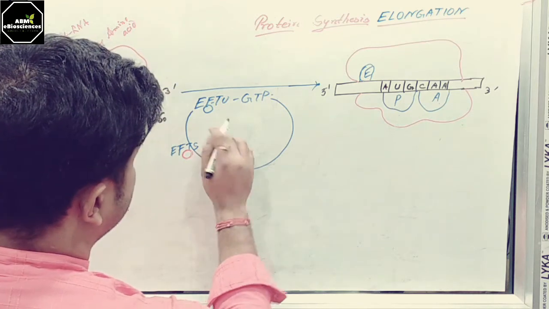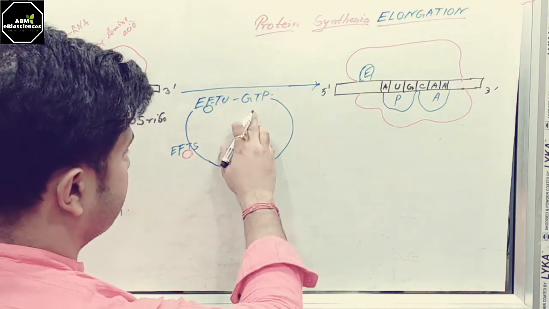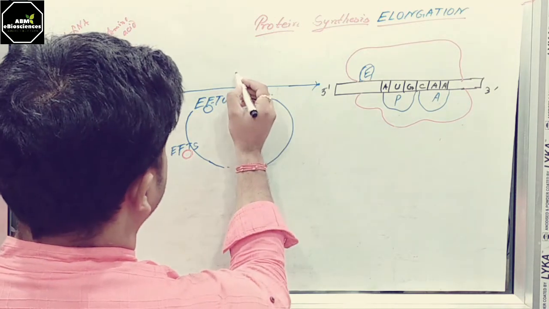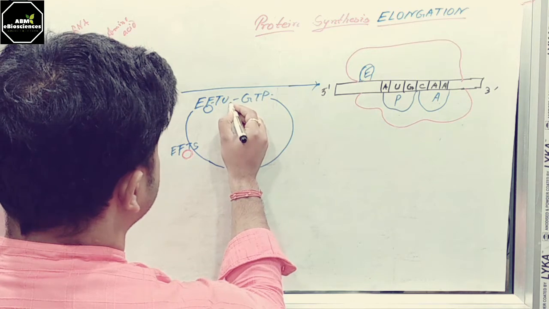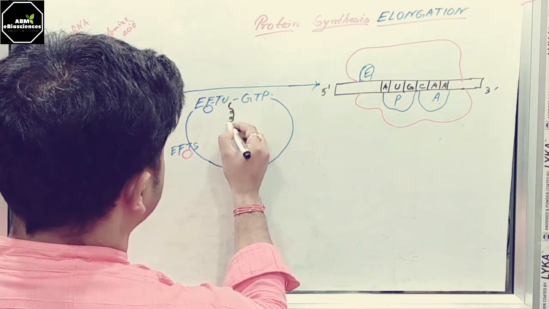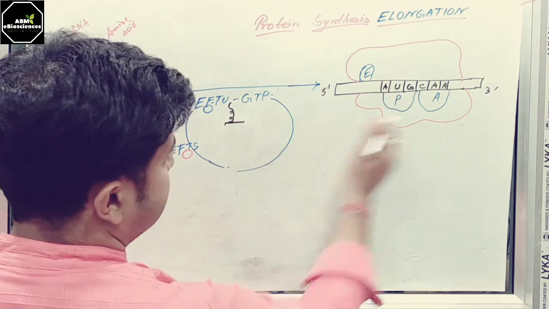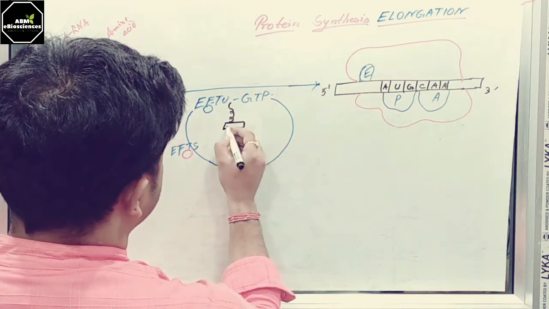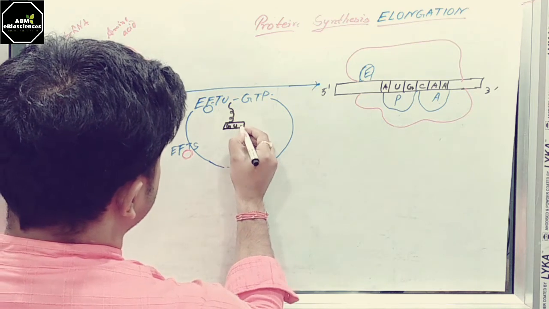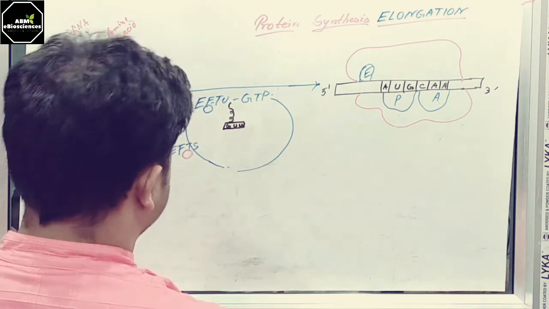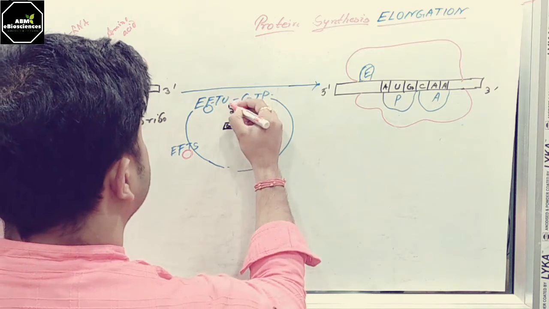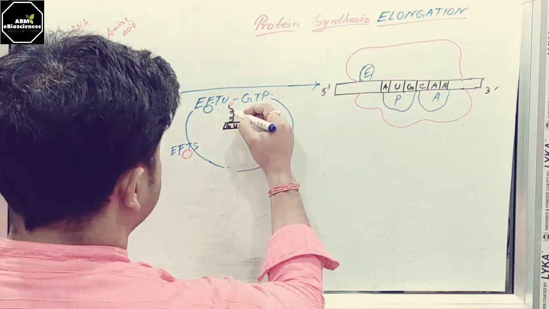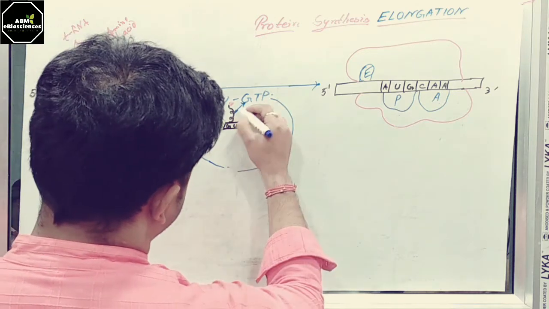Then in the middle, when it is bound to EF-TU GTP, what is bound? That is the tRNA with the amino acid. I'll draw it here so it will be understandable. Suppose the next codon is CAA, so here it will be GUU, and the charged amino acid is here, and this is the GTP bond.